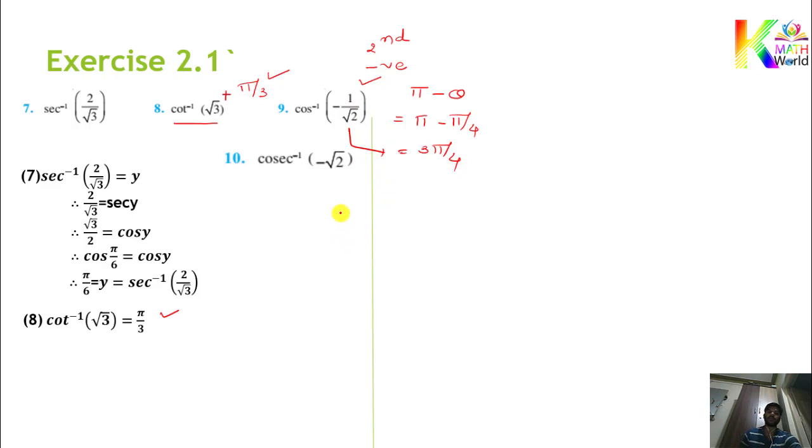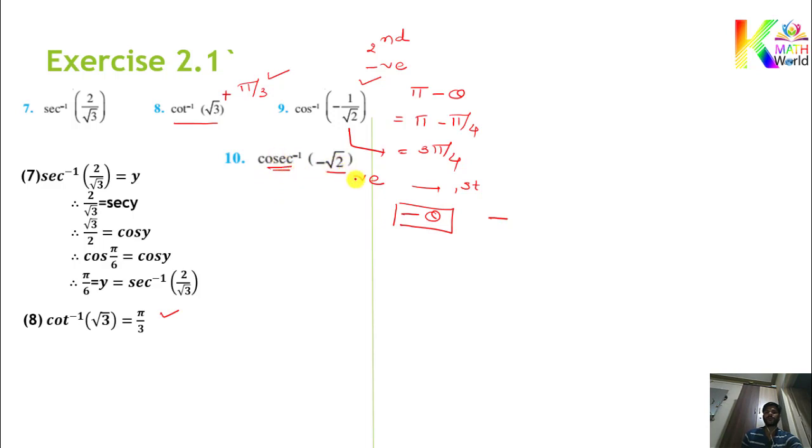Same way, again a negative value, and this is your first group function. So from the fourth quadrant we have to write, and the structure format of the fourth quadrant is minus theta. Okay, so we can take the help of this minus sign. Root 2: what is the value of root 2 in terms of cosec?